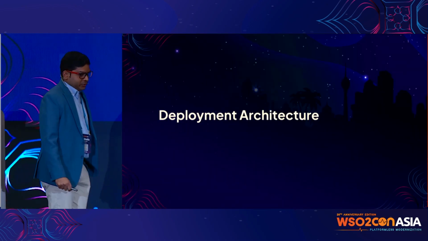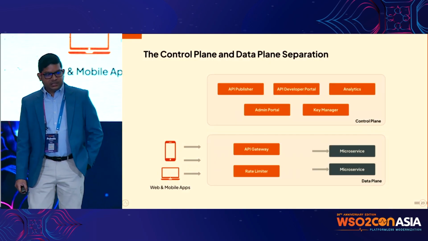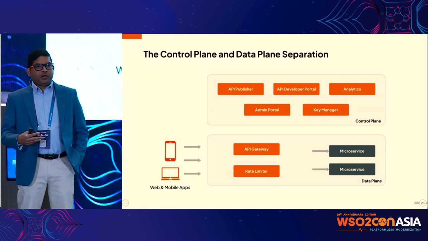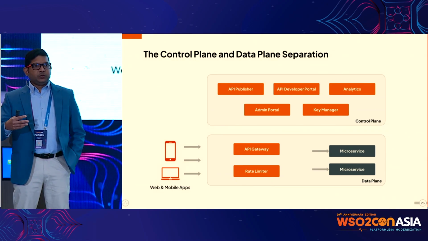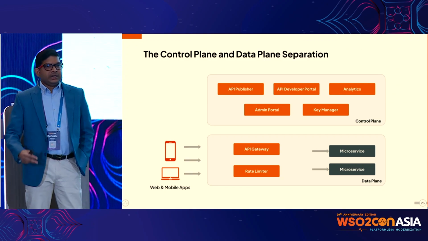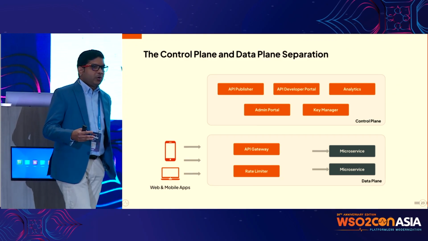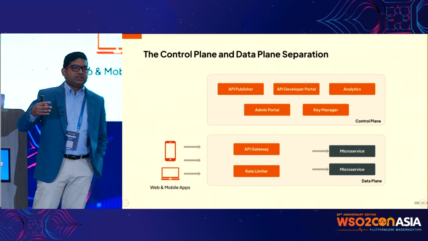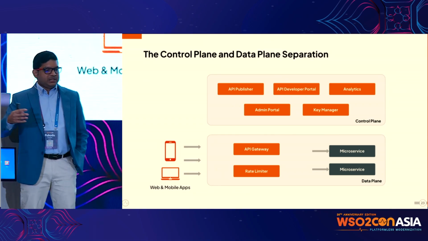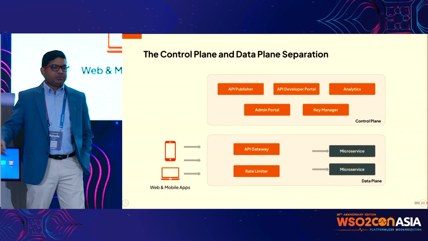Right, so let's look at the deployment architecture. If you take the API Manager deployment architecture, it has two sections, the control plane and the data plane. The control plane basically contains all your control portals and all your control APIs like analytics, key management, admin portals, those capabilities.